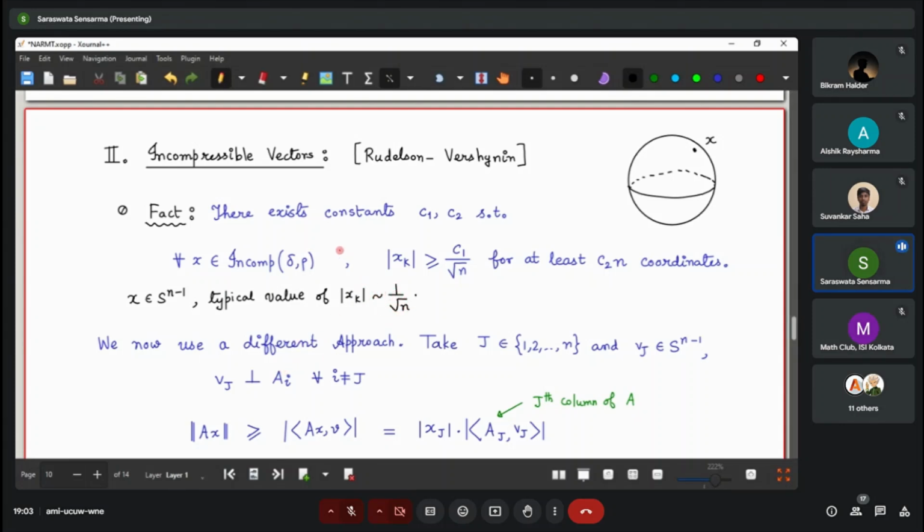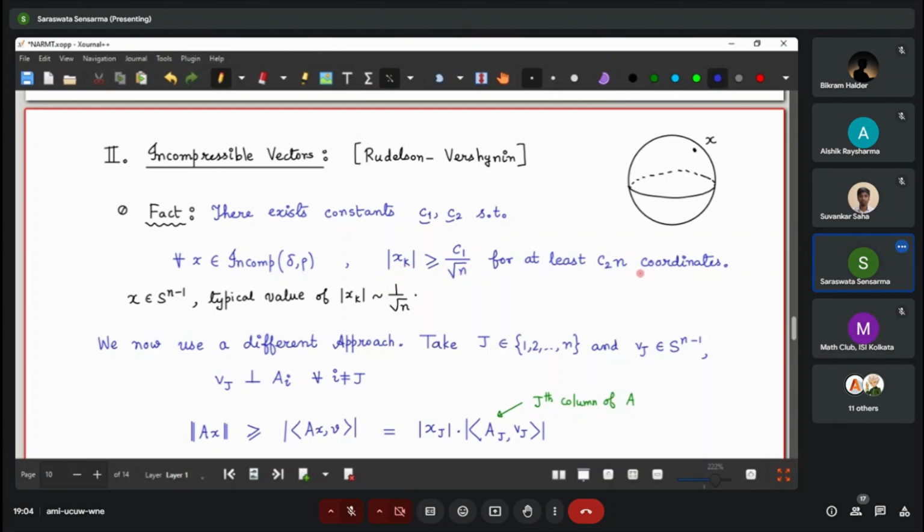Now, since we are dealing with incompressible vectors, not many coordinates can be much smaller than 1 over square root n, because if that were the case, it would be close to some sparse vector, and we would end up with a compressible vector rather than an incompressible one. The precise result is that there are constants C1 and C2 such that for all incompressible x, |x_k| is greater than C1 over root n for at least C2 n coordinates.